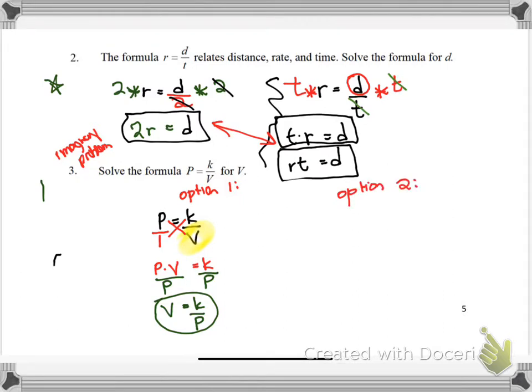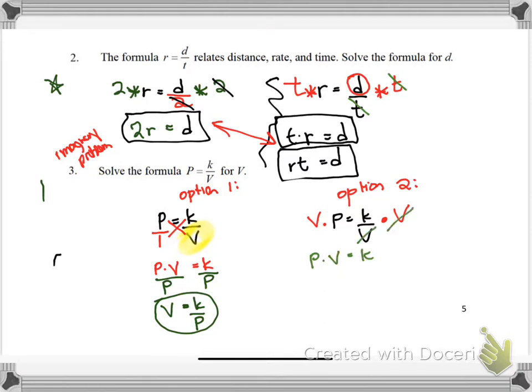All right, so we have P is equal to K divided by V. So another way that I thought of doing this, and you might think of a third way that I didn't think of, you could multiply both sides by V, because again, the problem here is that we really have to rescue V from being in the denominator.